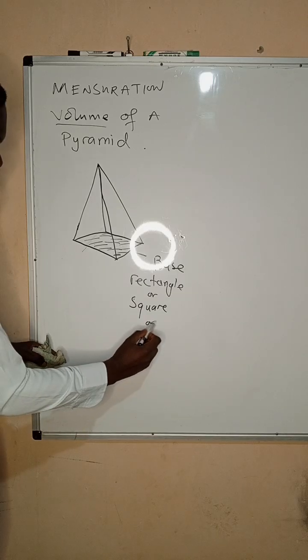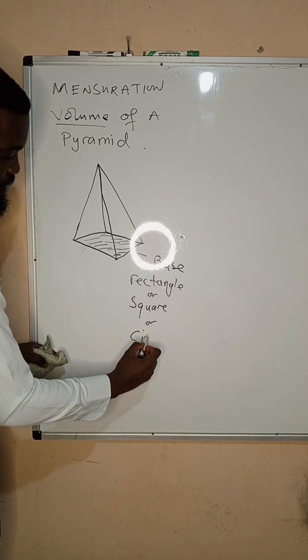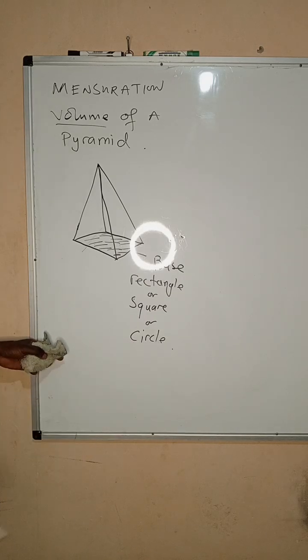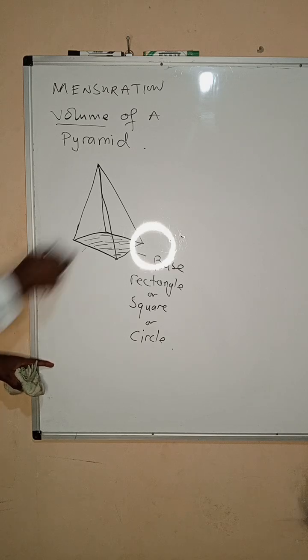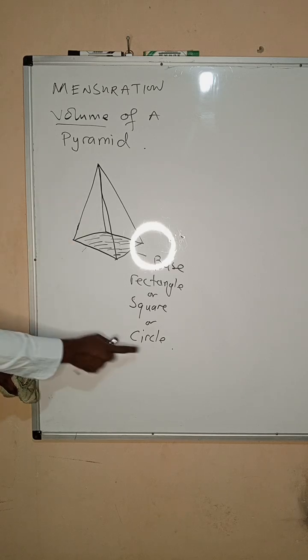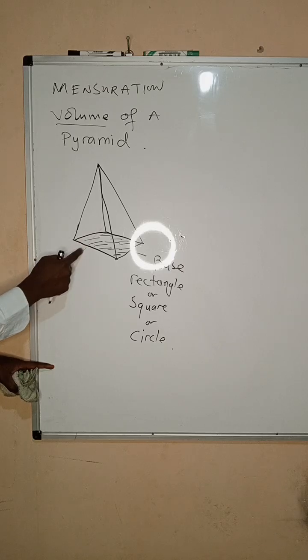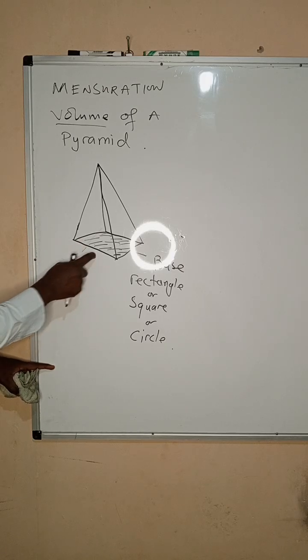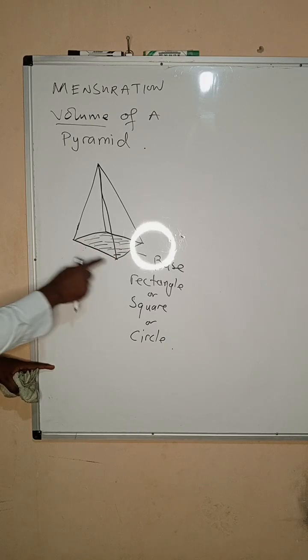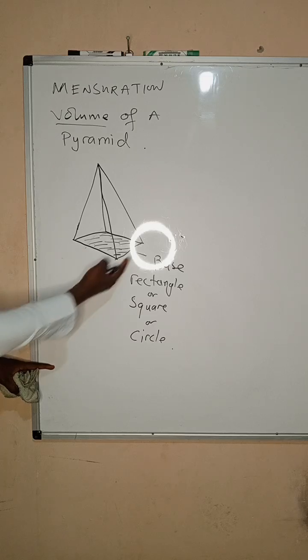It can also be a circle. Like the pyramid we were drawing earlier, it had a circle base. But this one, the base is a rectangle or a square, depending on the dimensions we have here, like length times breadth.